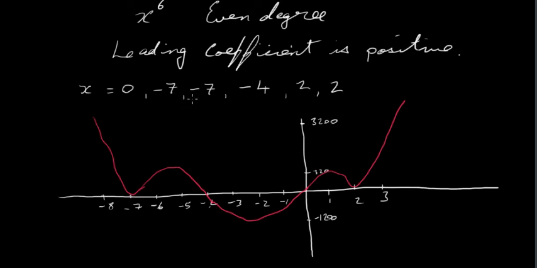It will hit -7 but not go through the x-axis because there are 2 -7's. It will hit 2 but not go through the x-axis because there are 2 2's, an even number of 2's. So that's it really. That's 3 examples of sketching polynomials.